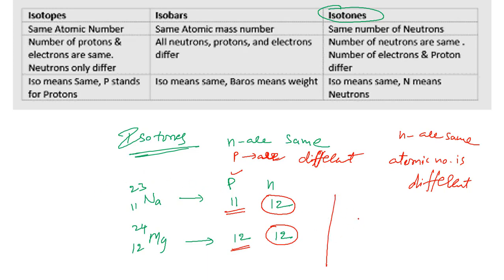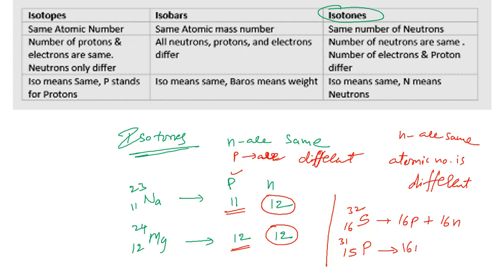See, one more example here. Sulfur 16S32. How many protons? 16 protons, 16 neutrons. Now I am taking 15 phosphorus 31.